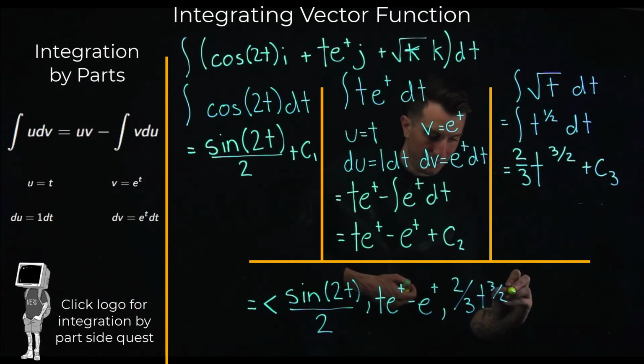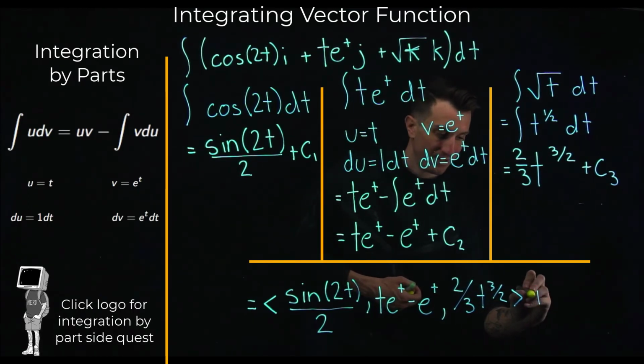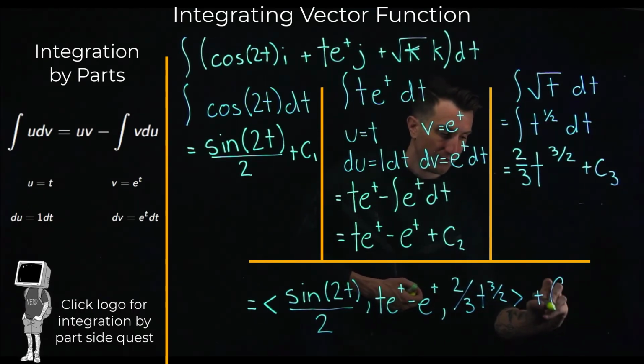We'll end this, and then we'll put some plus some c, which is a vector.